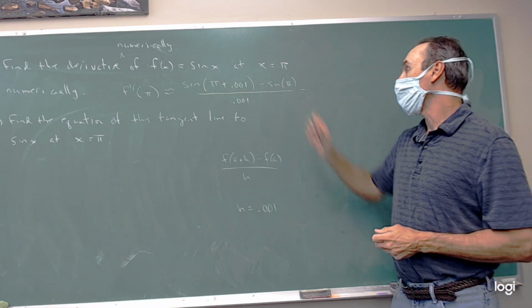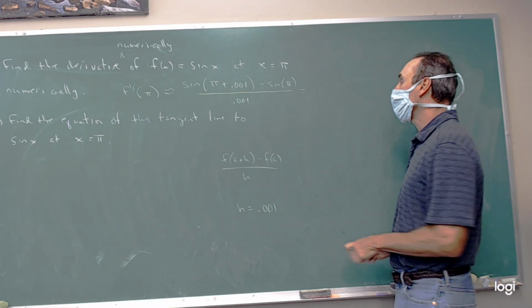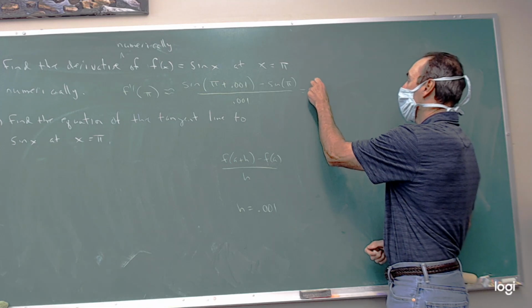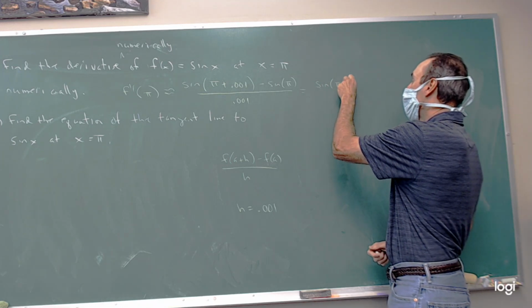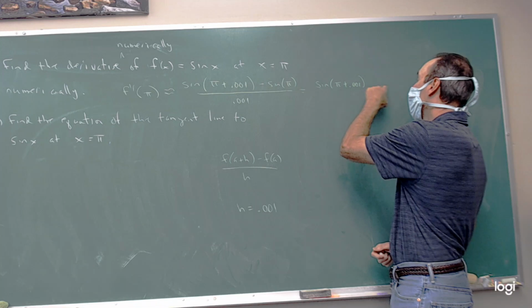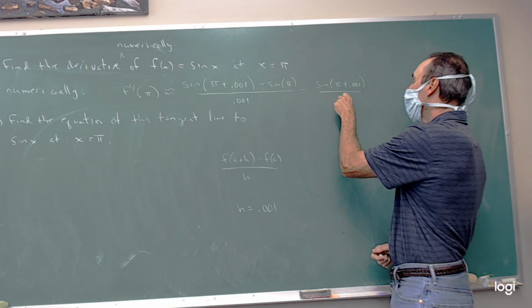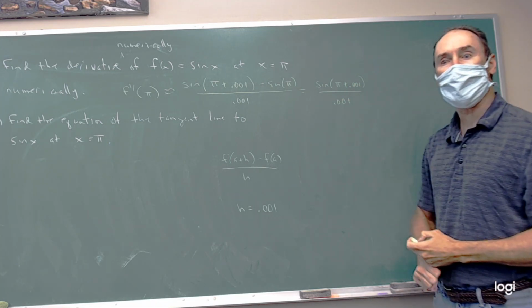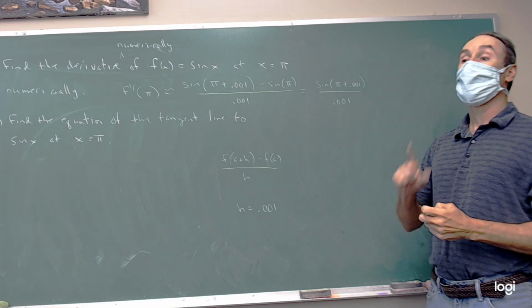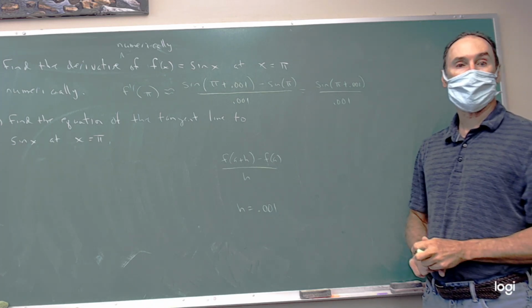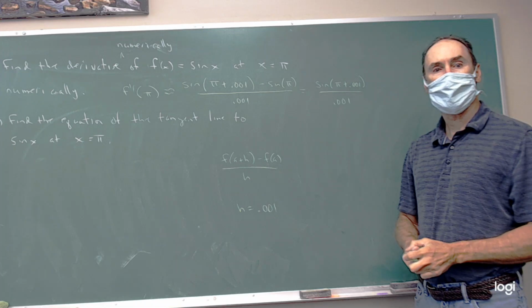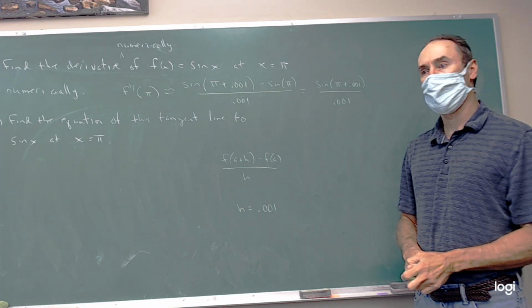We know sine of pi is 0, so on your calculator, evaluate sine of pi plus 0.001, minus 0, and divide that result by 0.001. Make sure you're in radian mode. We're always in radians here. You get a very different answer for degrees.